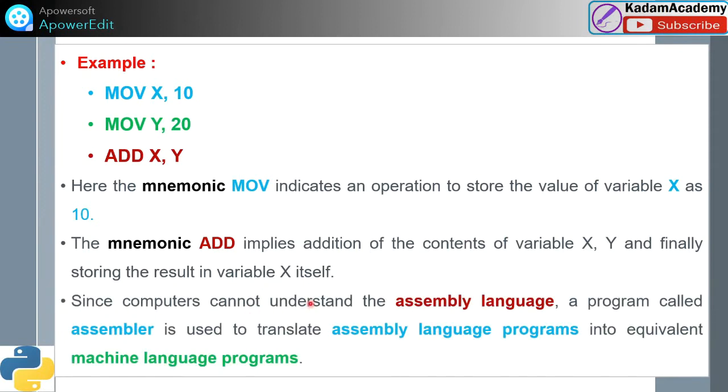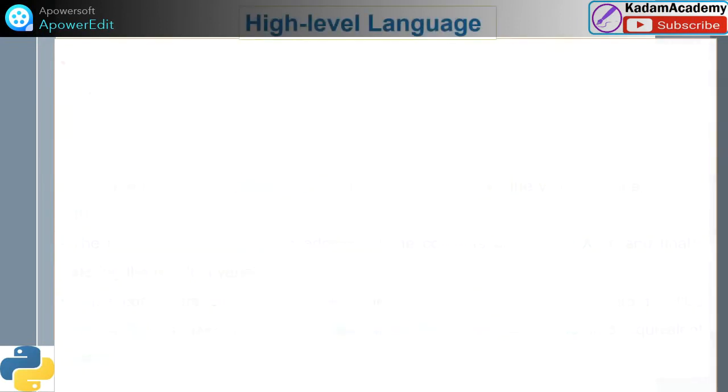Since computers cannot understand assembly language, a program called an assembler is used to translate assembly language programs into equivalent machine language programs.